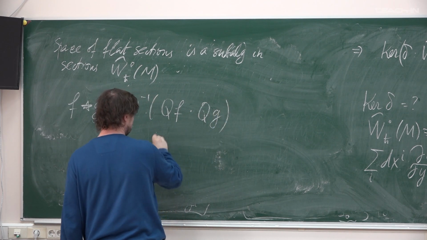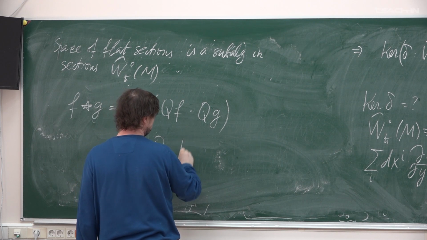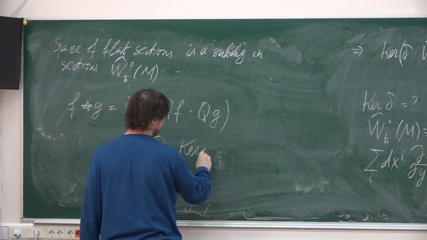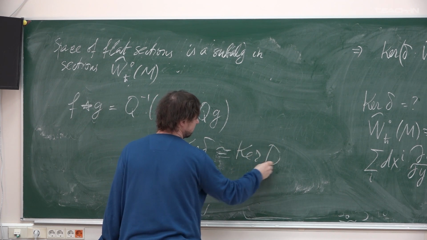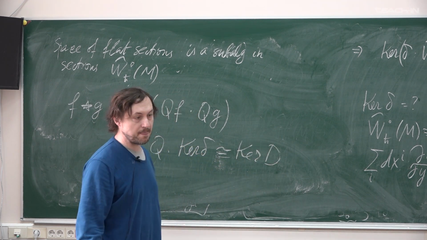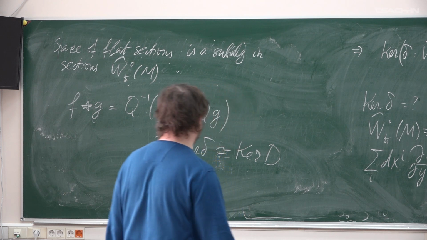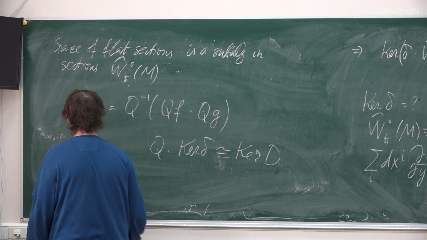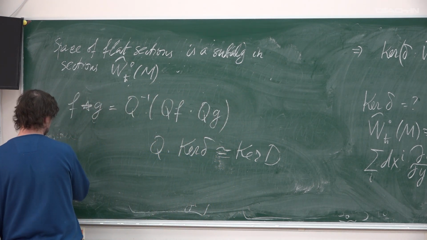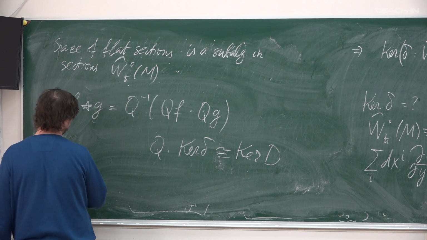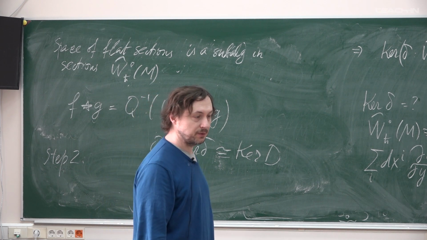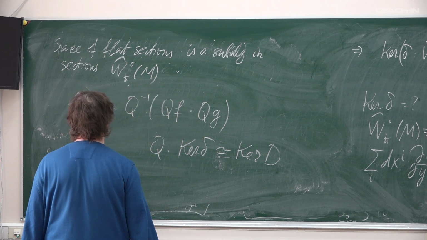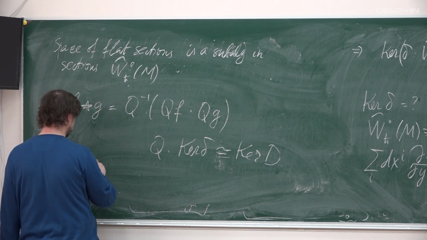Here Q is this isomorphism between the kernel of delta and the kernel of D. Step 2 would be to check that all the axioms of the star product hold for this construction.